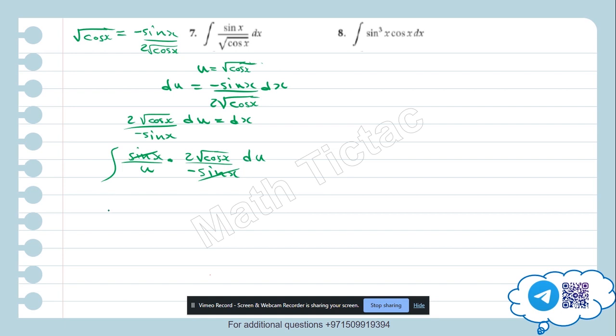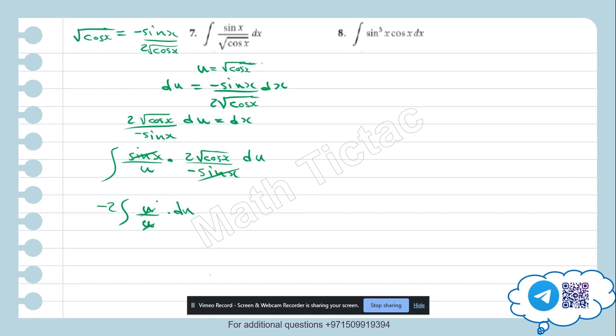So this is going to be the minus 2 outside, integration of, instead of square root of cosine x, we can put u again, divided by u, du.